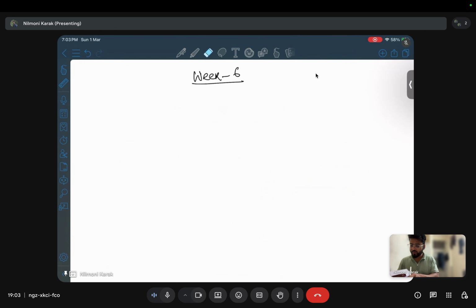Okay, so first we have seen a formula of Srinivasa Ramanujan.